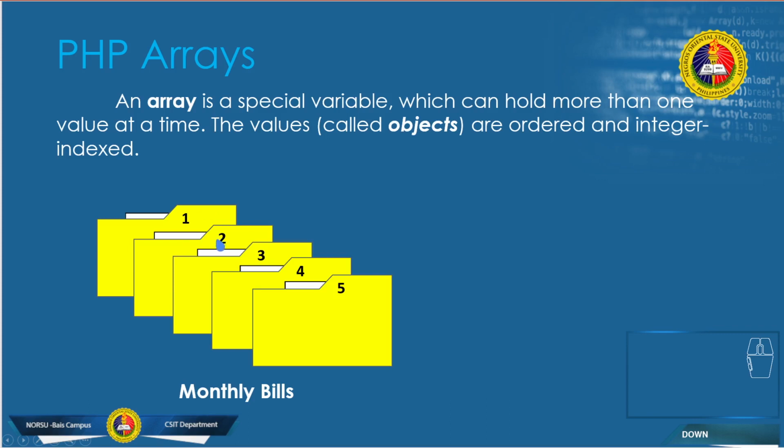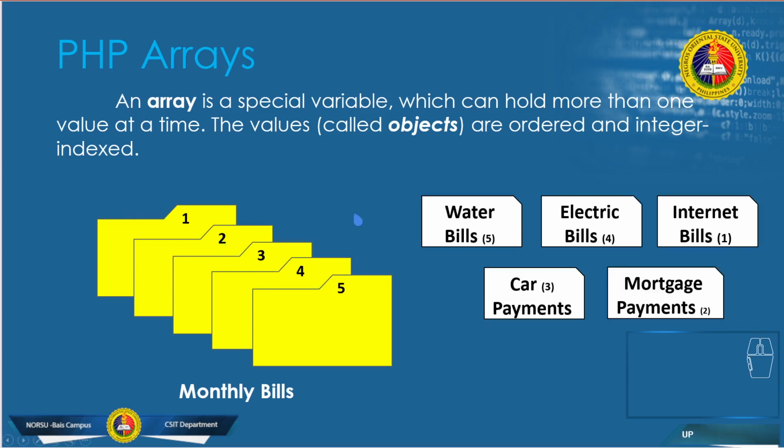For example, let's review. All right, for example, for water bills, it should be saved in index 5. So what am I going to do if, let's say, I'm going to review my bills for water bills? I'm going to open up folder number 5. For electric bills, if electric bills will be stored in folder number 4, then for me to be able to access my electric bills, I just have to open up folder number 4.